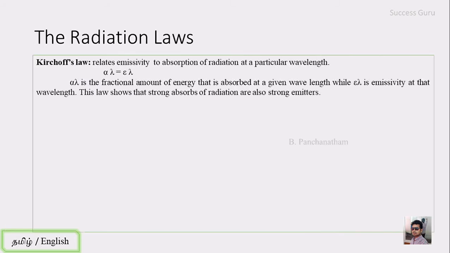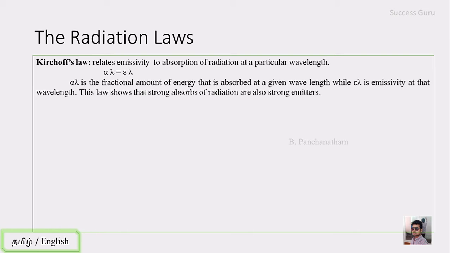The next law, Kirchhoff's law, states the relation between the emissivity and the absorptivity of an object at a particular wavelength. Every object will be more absorbing at a particular radiation, but not in other ranges. In the same way, the same object will emit a maximum amount of radiation at that particular wavelength. Alpha lambda is the fractional amount of energy absorbed at a given wavelength, while epsilon lambda is the emissivity at that same wavelength.